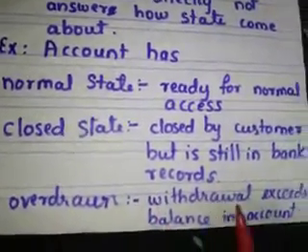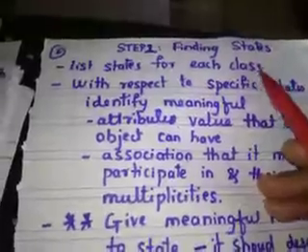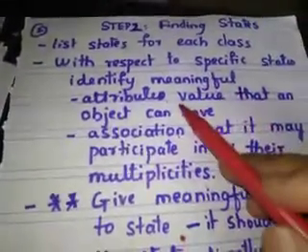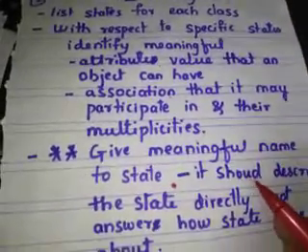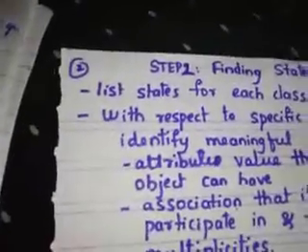Overdrawn means you have withdrawn more than whatever balance is there in your account. Like this, we should identify the states for each class, give the meaningful identification with respect to attribute values, associations and multiplicity, and give a descriptive meaningful name to the state. This all comes in the second step, that is, finding the states.